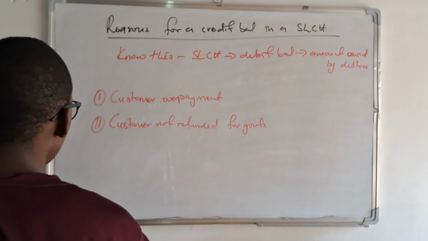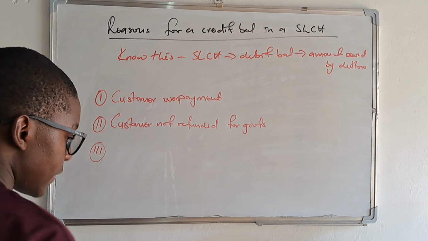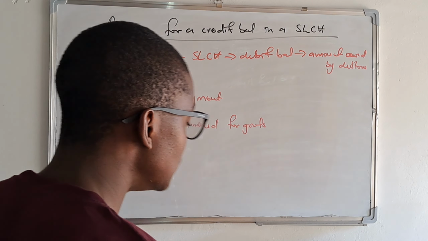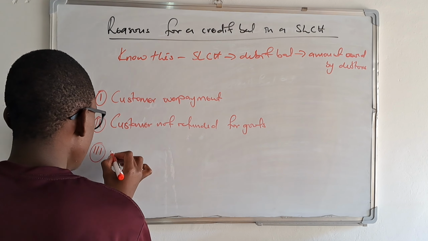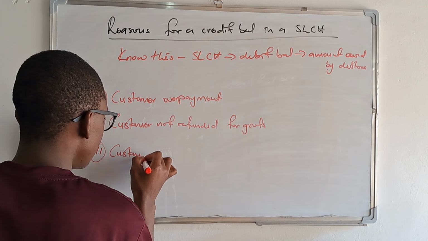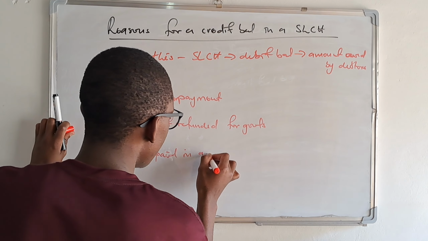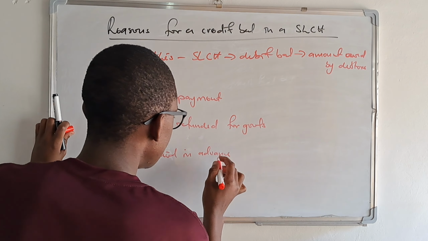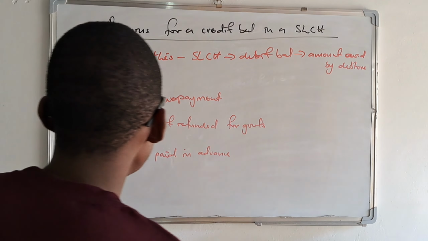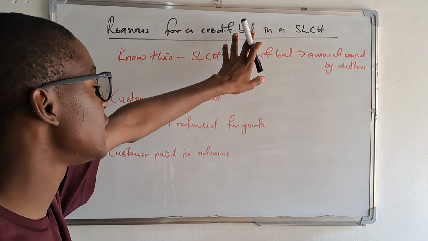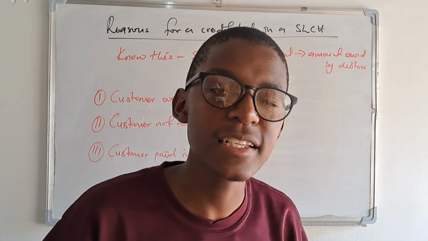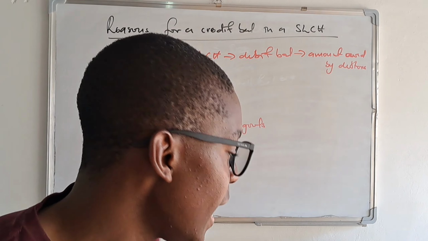Then let's move on to aspect number three. Customer paid for the goods in advance. There is payment in advance. Hence, this will lead to the credit balance. Suppose our customer Bongani paid for the goods in advance.